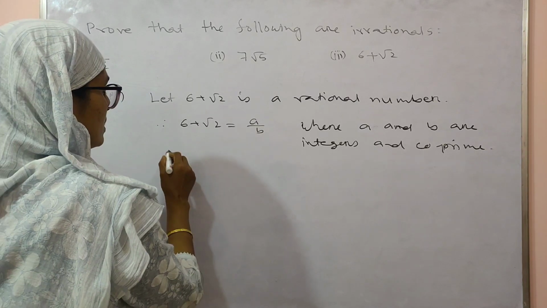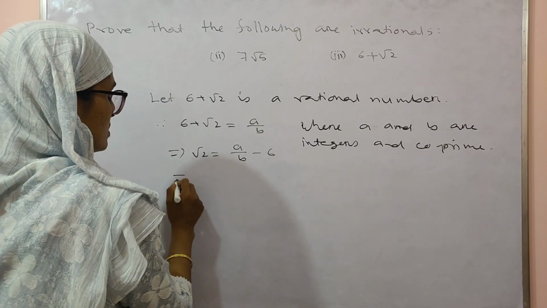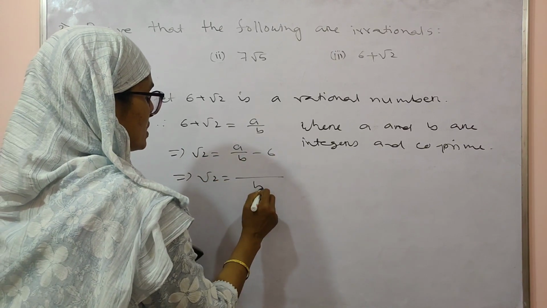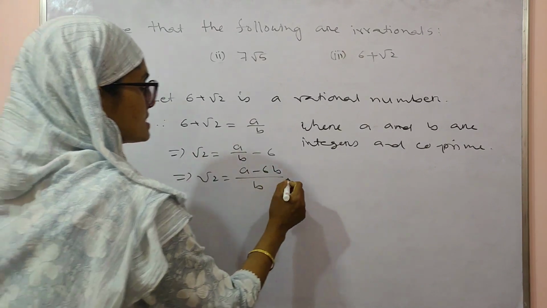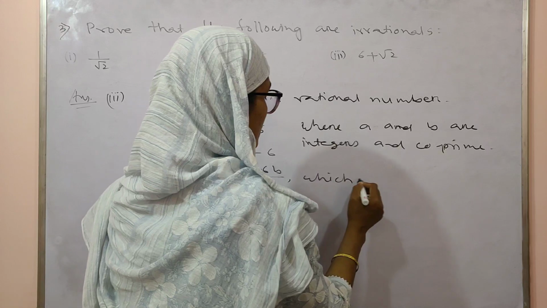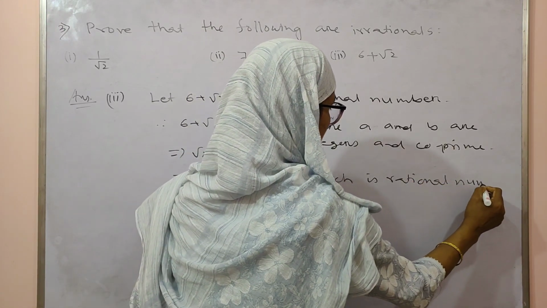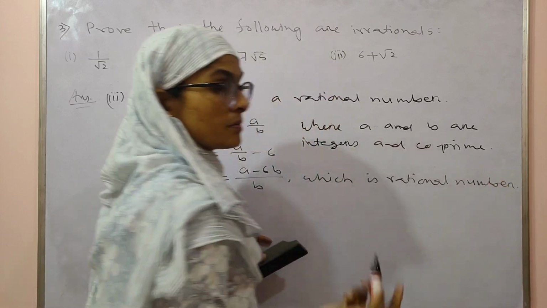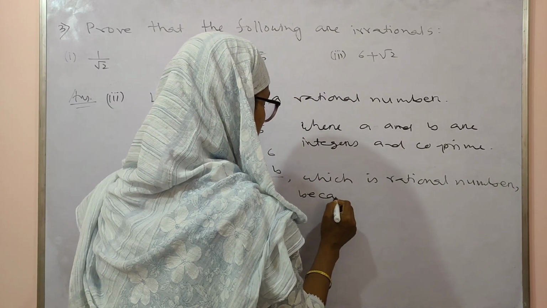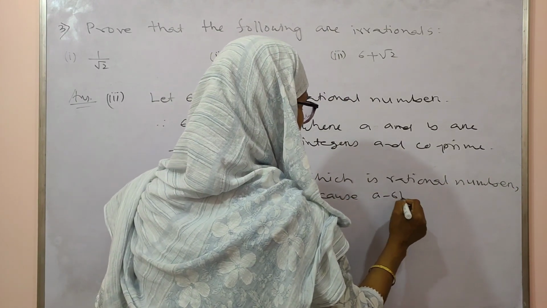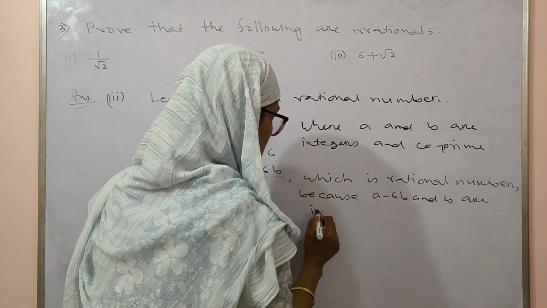Next, root 2 equals a by b minus 6, or if you take LCM b, root 2 equals (a minus 6b) by b, which is a rational number, because a minus 6b and b are integers.